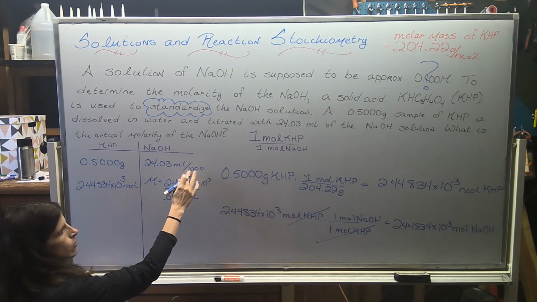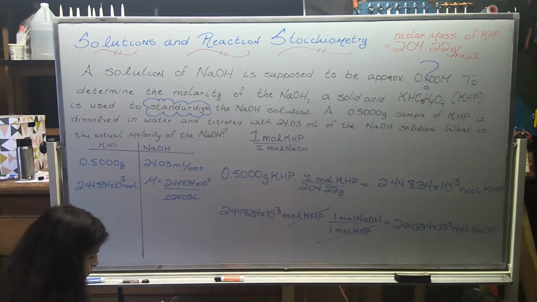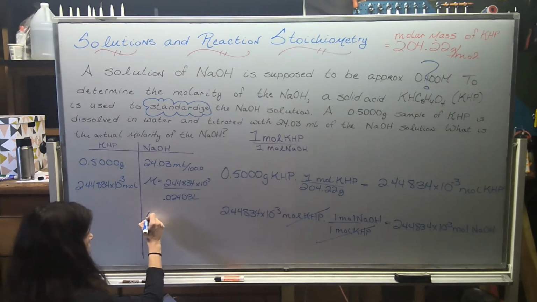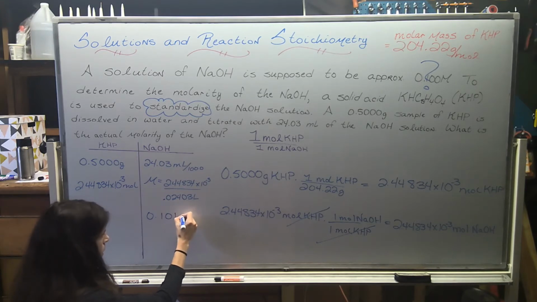So I'm using this value divided by 1,000 because we always need liters in our molarities. And at the end of the day, after I divided those numbers, I got 0.1018868 molar.